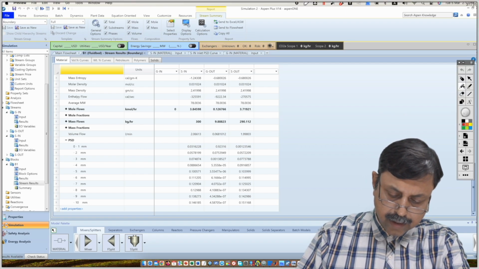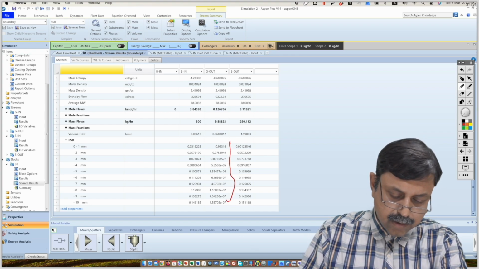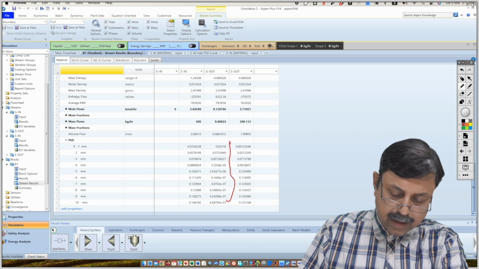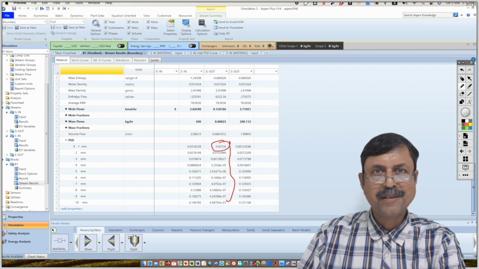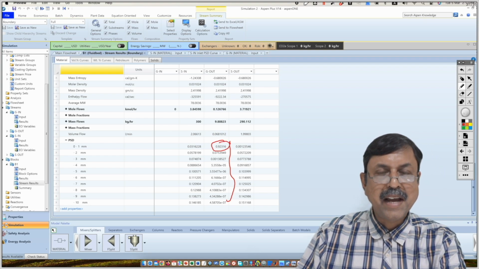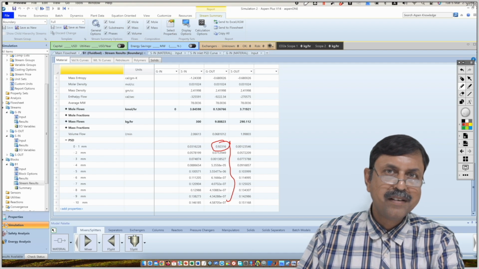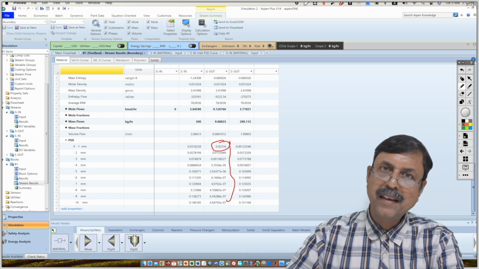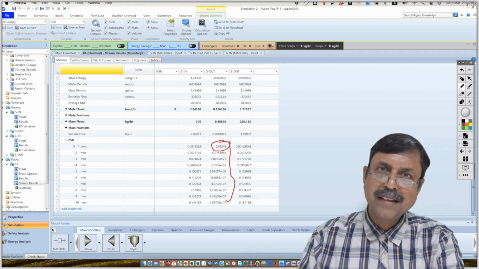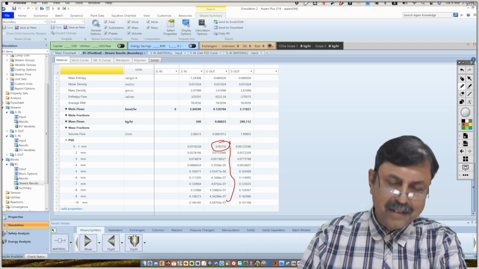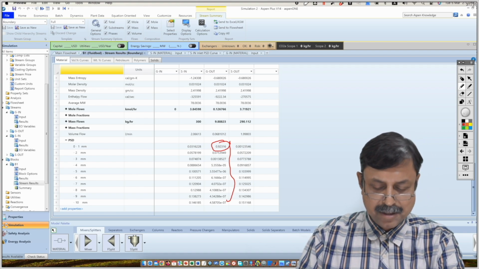Here you will see the gas out will have this particle size distribution. From 0 to 1 millimeter it is 92%. Right? 92% of the solid particles that are being taken away by the gas are between 0 to 1 millimeter.